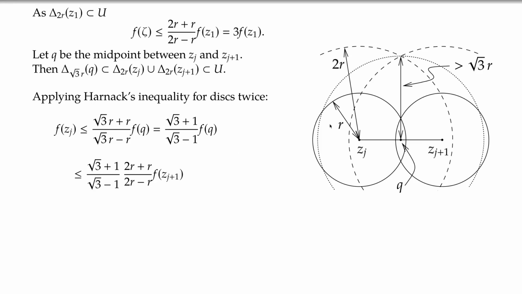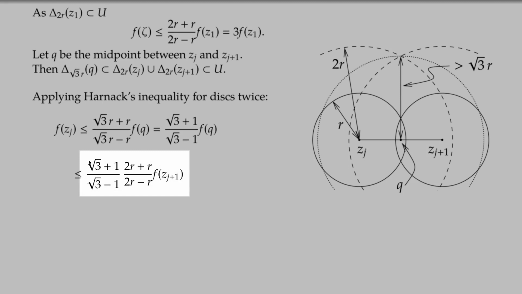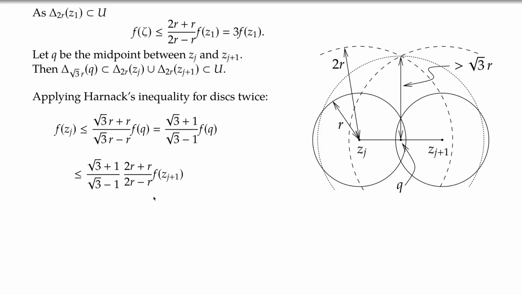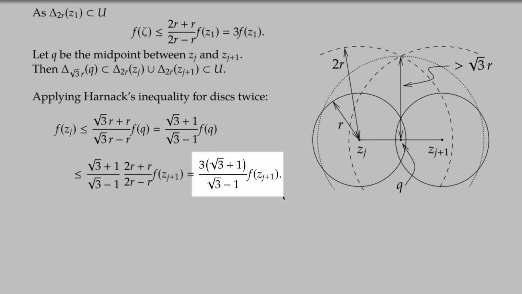So q is in this disk, so we get this inequality over here. We get this extra factor, and canceling out, we get 3. So we get this guy over here.